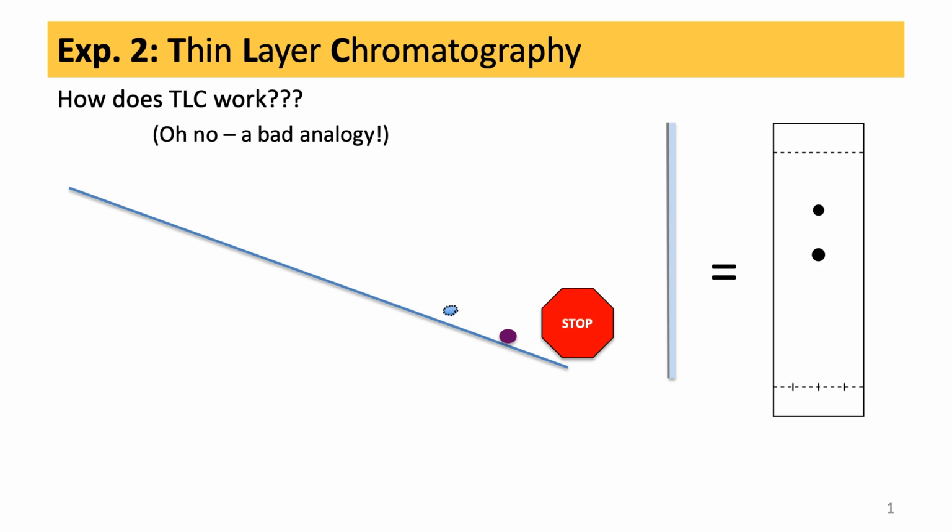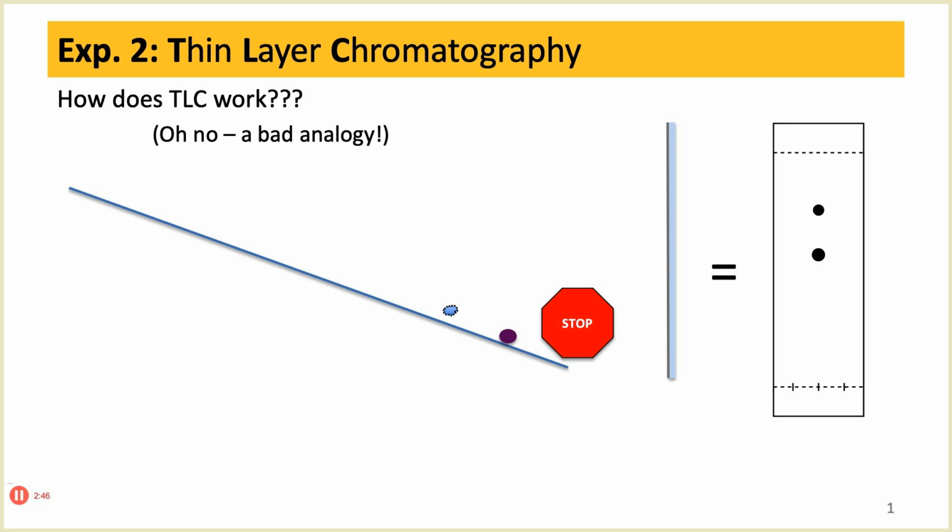My plank of carpet is in fact a TLC plate. I started out with my mixture of things down here. They traveled up the plate instead of rolling down the plank, and because one travels faster than the other, it ends up further up on the plate. The one below it is the slowpoke that sticks to the plate and therefore doesn't move as far as fast.